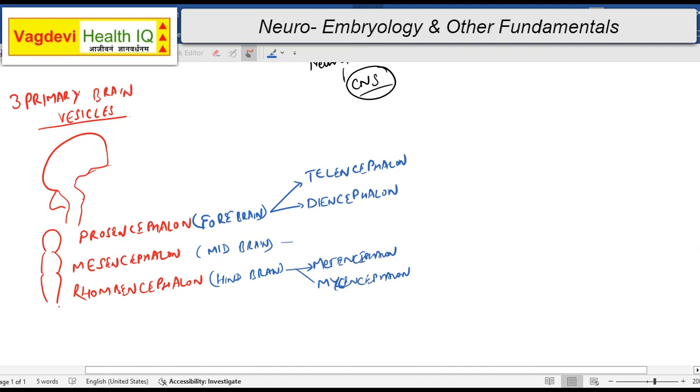Myelencephalon. Okay. Why did I tell you this? Because this is very important to understand. These parts are going to give rise to the parts of the brain later.